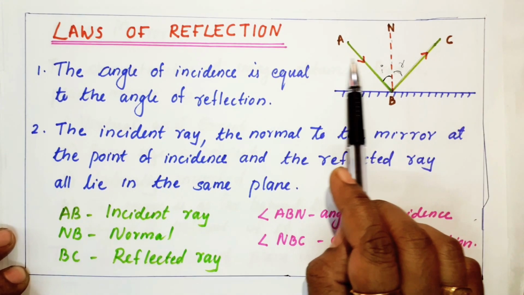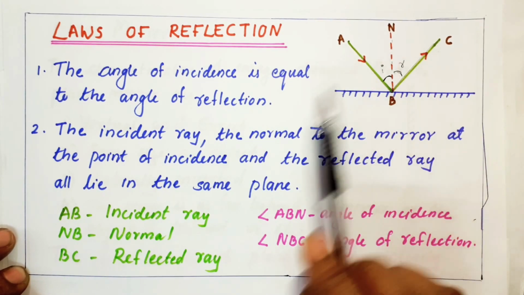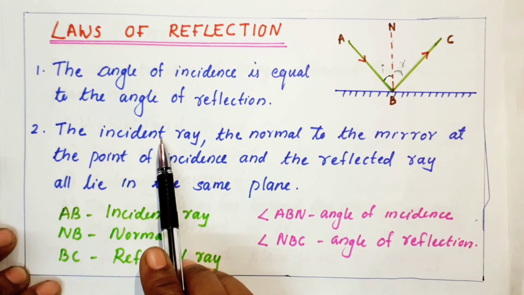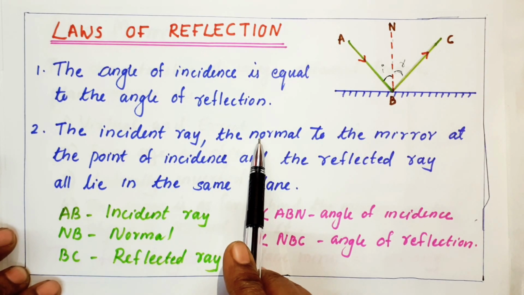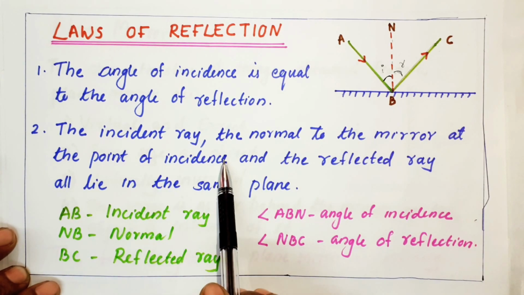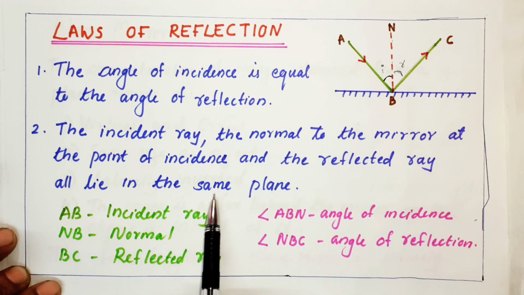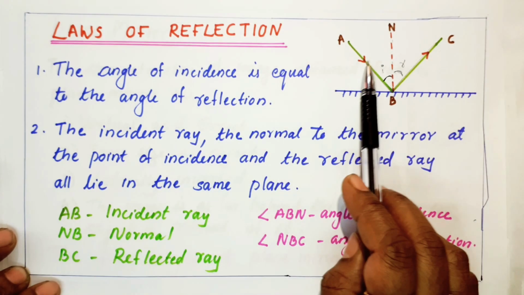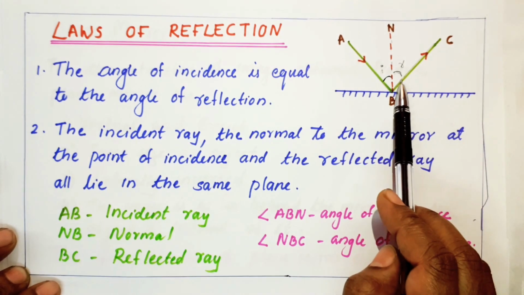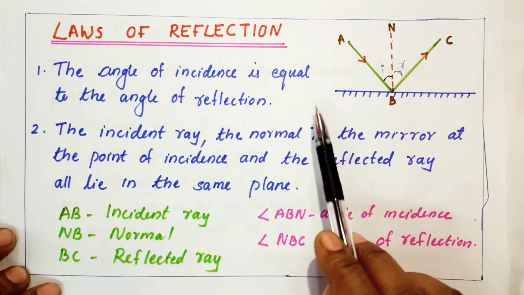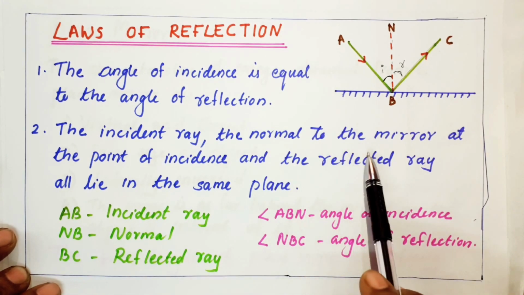Another one: you see these three lines are in the same plane. The incident ray, the normal to the mirror at the point of incidence, and the reflected ray all lie in the same plane. These three lie on the same plane.